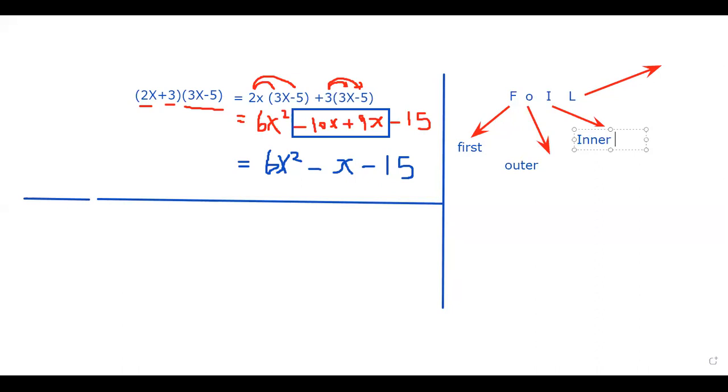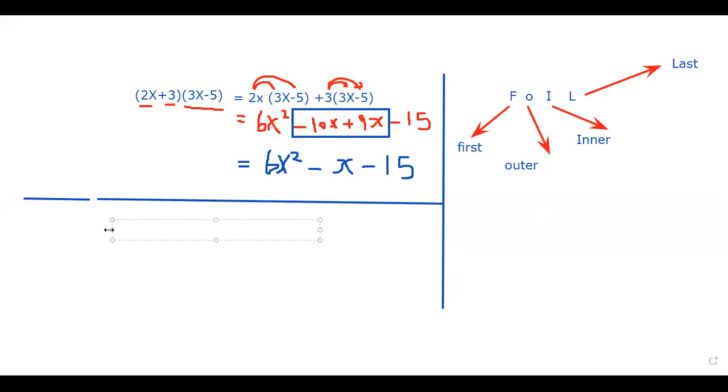We can say inner or inside, it's up to you. And the last one, L for last. Then we have F for first, O for outer, I for inner, L for last.